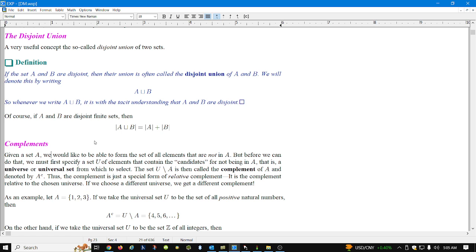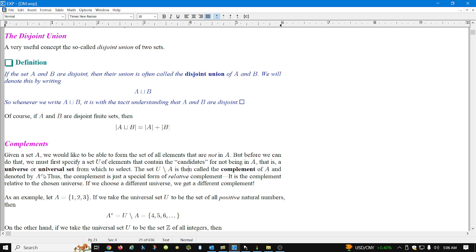Before we can do that, we have to specify the set of candidates for not being in A. I call that set U because it's generally referred to as a universe or the universal set for this particular operation of taking the elements that are not in A. So the set U minus A, the relative complement of A in the universe, is just called the complement of A. It's a little bit of a dangerous term.